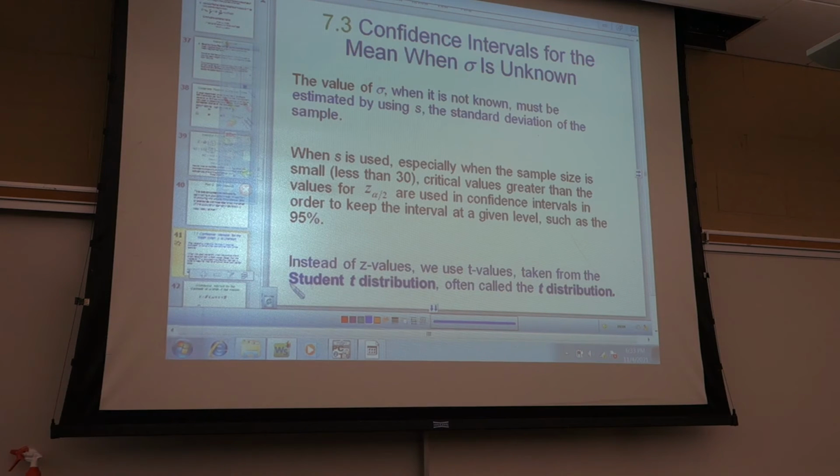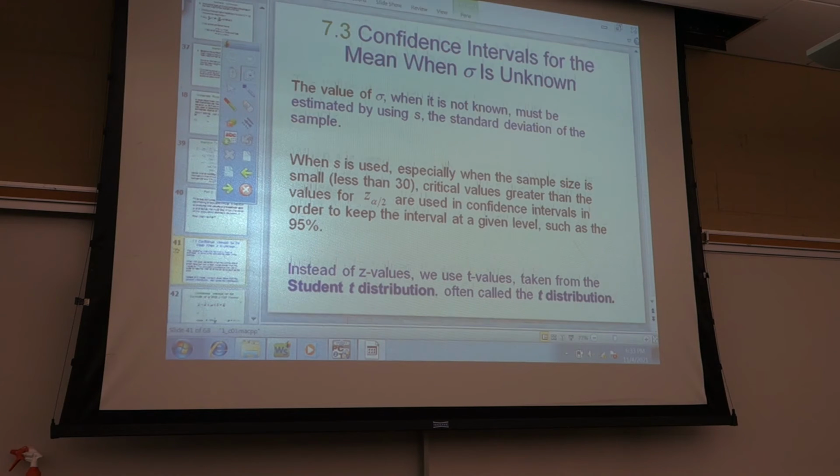It was a huge breakthrough in statistics, but he couldn't publish it under his own name, because the beer company didn't want people to know that they had hired all these PhDs in statistics and chemistry. So he had to publish under a pseudonym called Student. So it got published, but it's called the Student t-distribution. I think his name was Robert Gossett, but I'm not positive. But we all know who he is now.